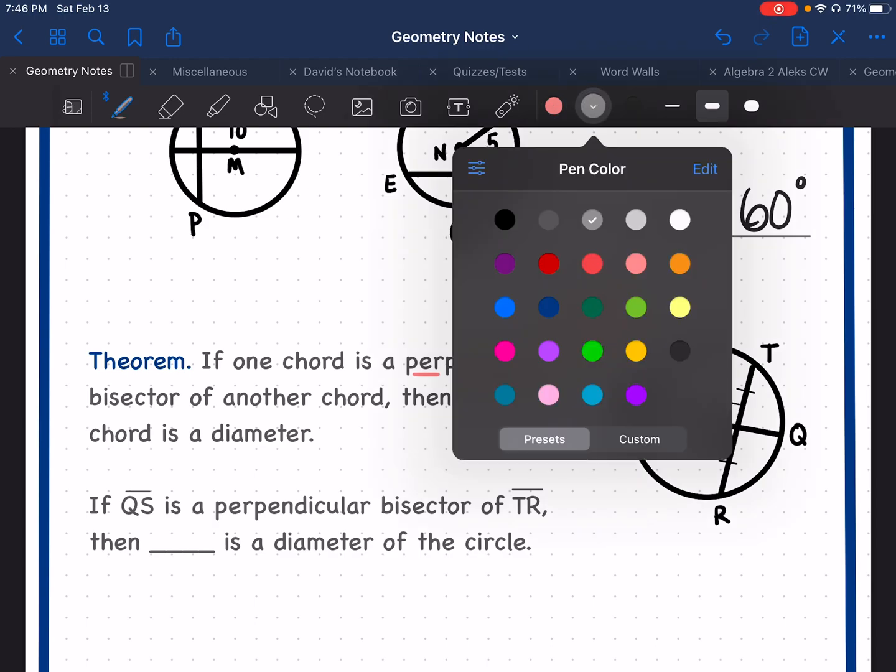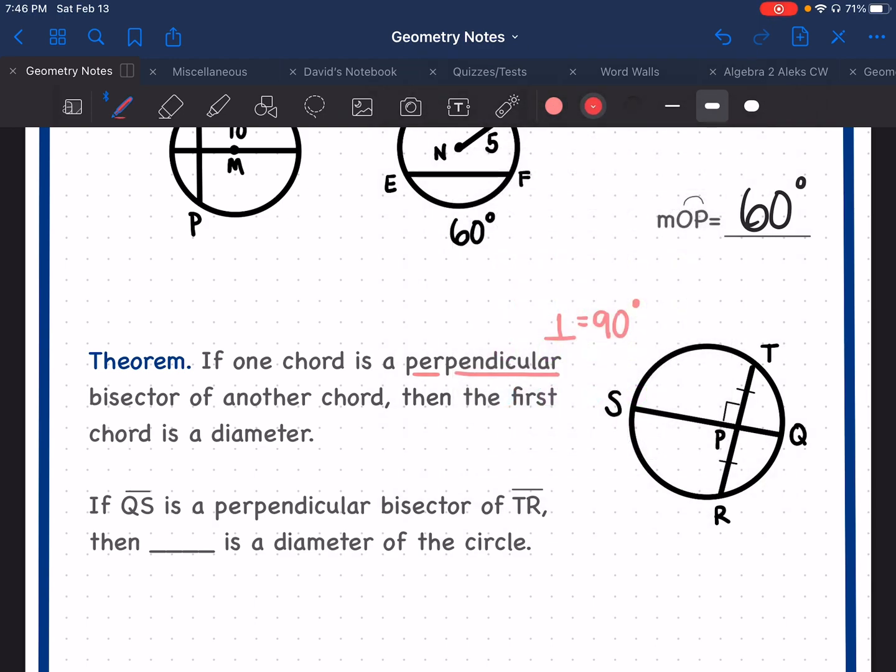Bisector means we've cut in half. That's a bisector of another chord.